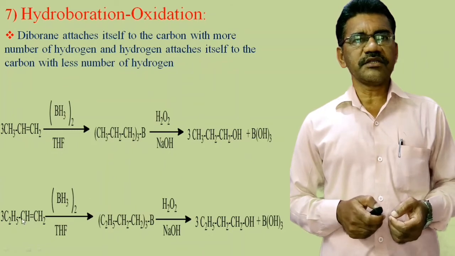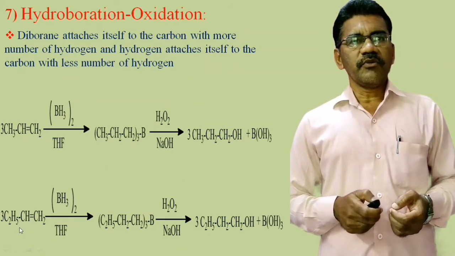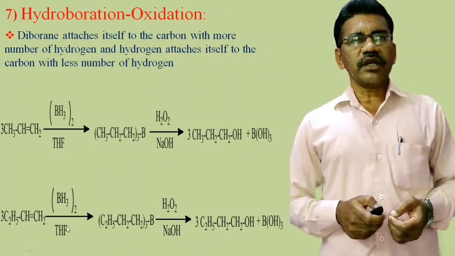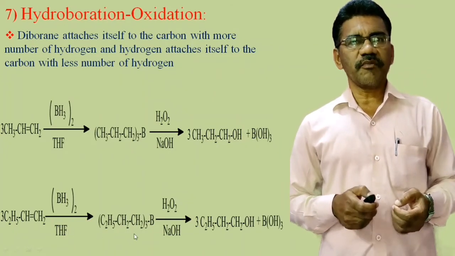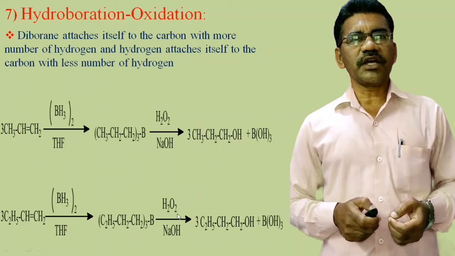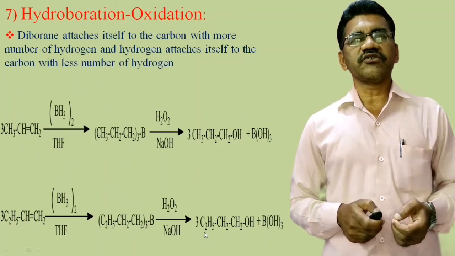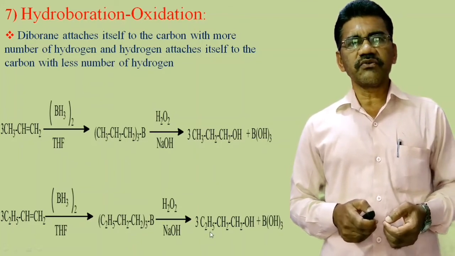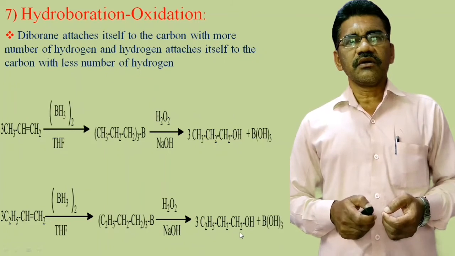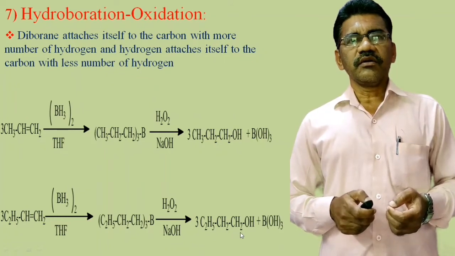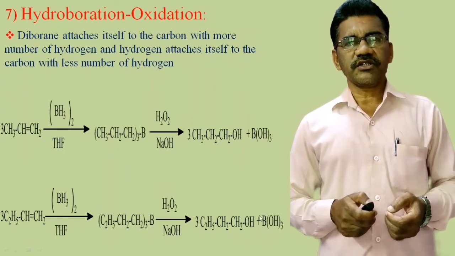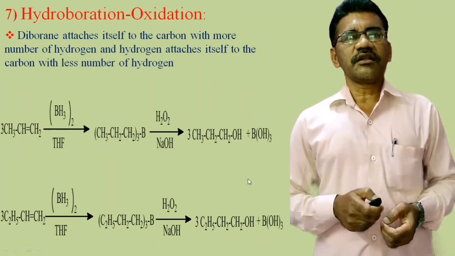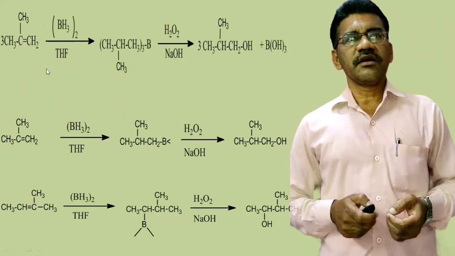Next example is 1-butene reacting with diborane in presence of THF to produce the boron complex, and the boron complex is then oxidized in presence of NaOH to produce 1-butanol plus boron hydroxide. These are some examples.